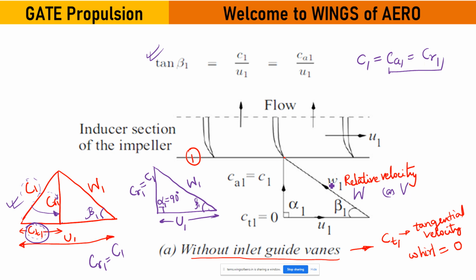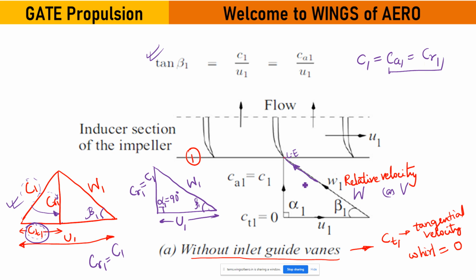Relative velocity is denoted by W. When the flow enters, the relative velocity is the only velocity hitting the leading edge of the impeller blade, and based on this relative velocity the other velocity components are formed: axial, tangential, radial, all other velocities.